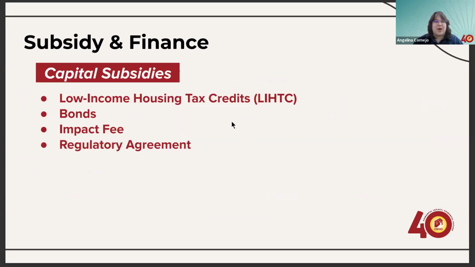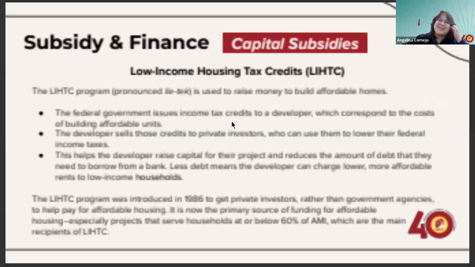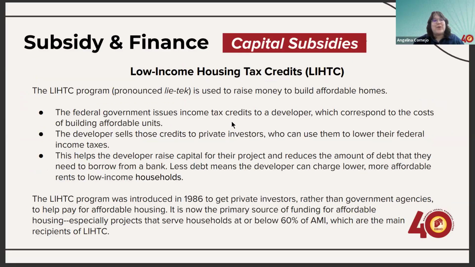Okay, now we'll talk about the capital subsidies, which are different than the other subsidies, the deep subsidies. All right, low income housing tax credits, or LIHTC. This is something nonprofit developers use to build affordable housing.